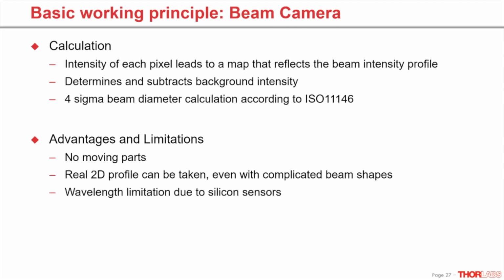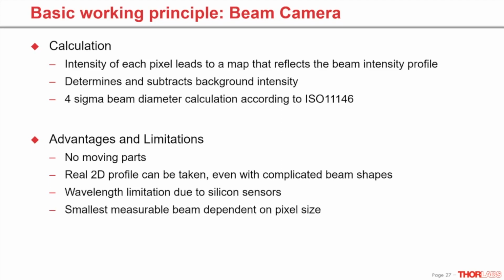The main disadvantage is the limitation of the operating wavelengths to UV to NIR due to the silicon sensor chip. There are cameras with indium gallium arsenide sensors on the market, but usually the cost is far higher at a worse resolution.